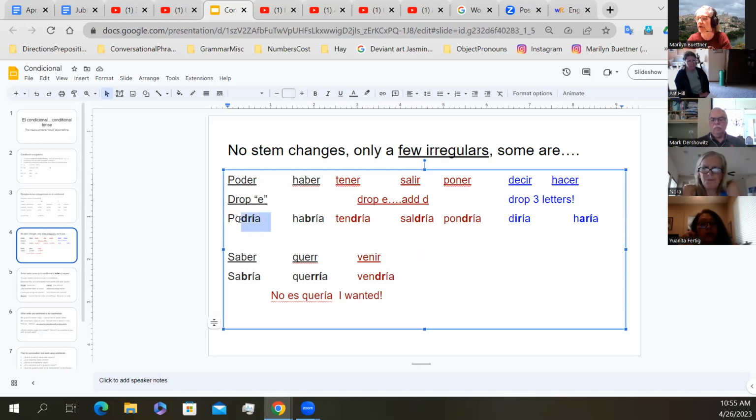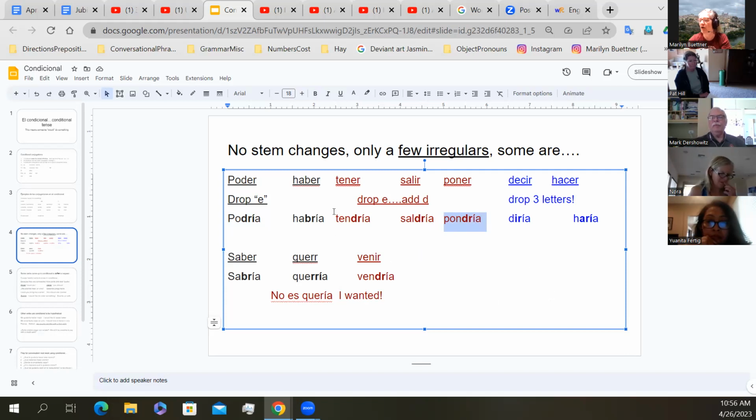And I'm going to tell you, this one right here is heavily used in conditional. Poder is heavily used in conditional. This you're going to see in our video is heavily used in conditional. And these others, it's going to depend.